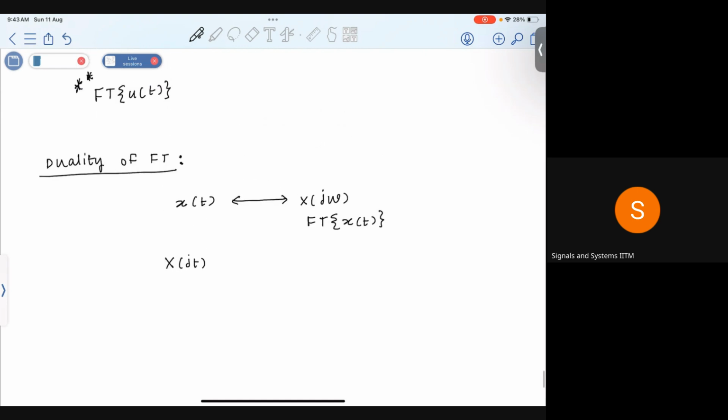So you have a signal x of t, maybe something which looks like this. That has a different representation in the frequency domain. Let me call it to be like this. So this signal x of t has some representation in the frequency domain, which we are calling x of j omega.